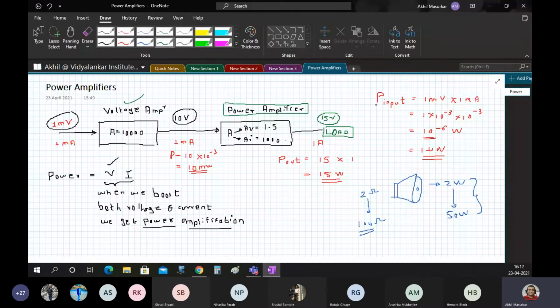And we all know that if heat is allowed to stay in the same place, then it will accumulate over a period of time, causing a large increase in temperature, which may cause device failure. So that is why these power transistors are special transistors having a large surface area and a body made up of metal.